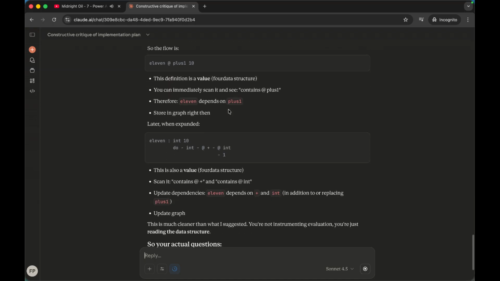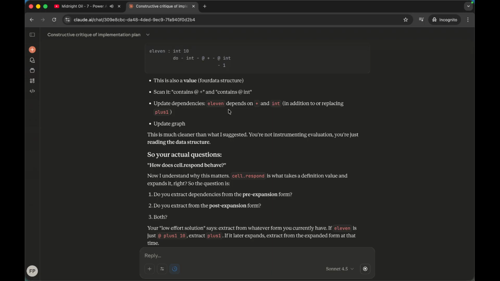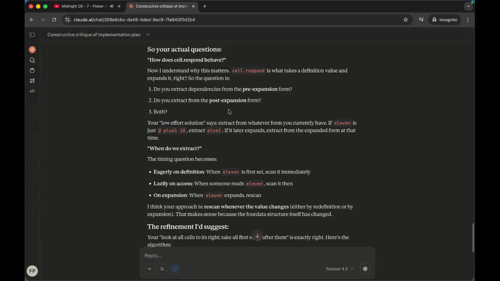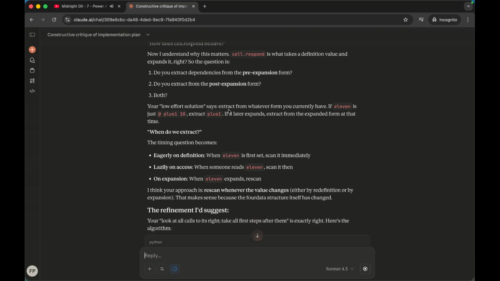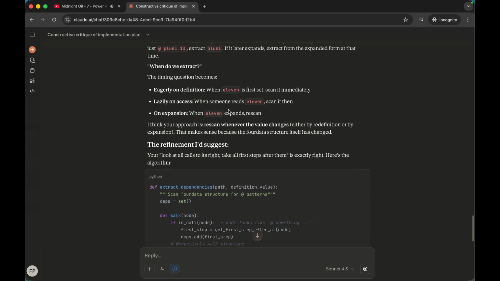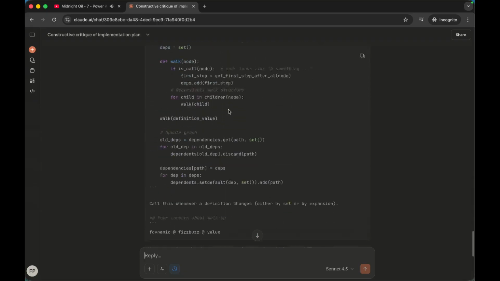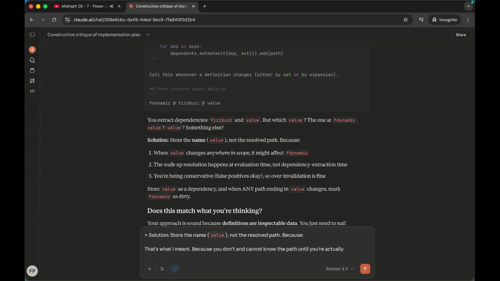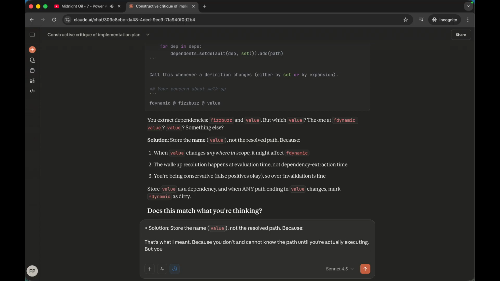Because you don't and cannot know the path until you are actually executing, but you don't know whether you should re-execute.